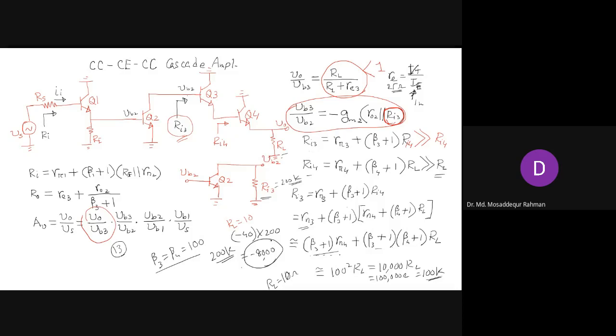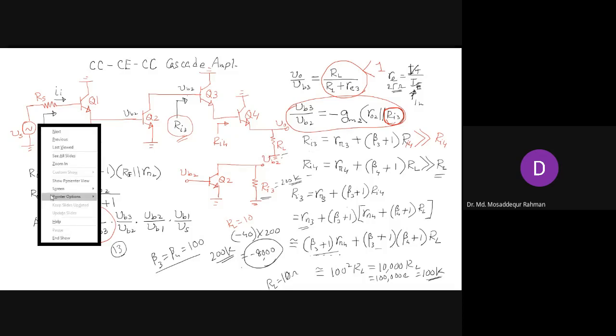We can improve the gain, very high gain. Right? Is it possible to fix the gain, or how can we fix the gain?